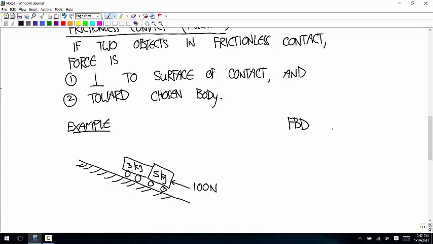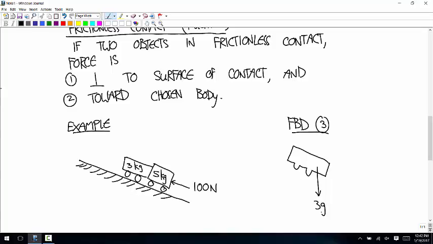Then a free body diagram of the 3 kilogram box looks like this. There's the weight. So 3 times 9.81, I'll just write that as 3G.